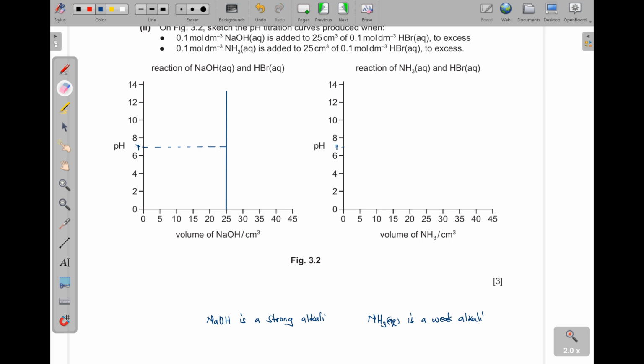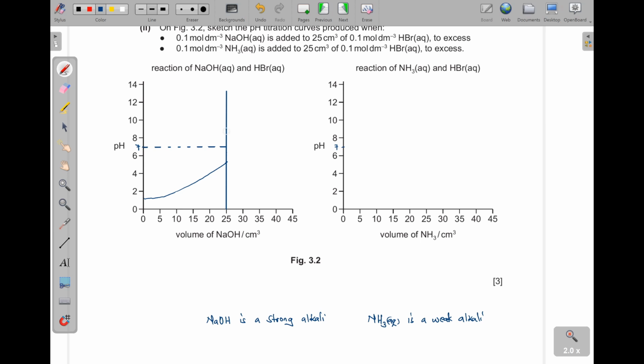And then when I'm drawing this graph here, I'm going to start from here, below 2, because this is a strong acid because of the hydrogen ions present. So this one will come like this. As you are adding the sodium hydroxide, the hydroxide ions will be removing the hydrogen ions to form water. You see that? So this one is going to be rising, like that, and then here it balances.